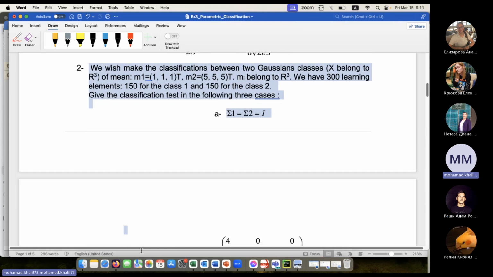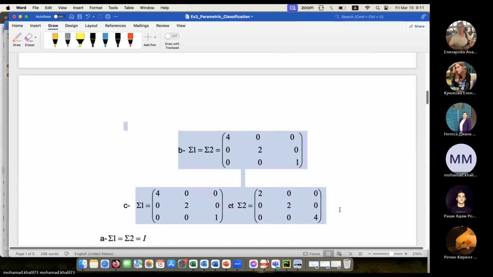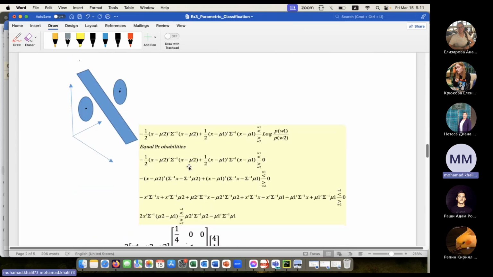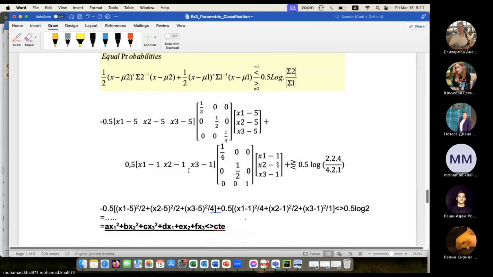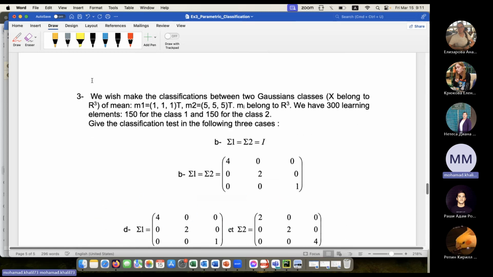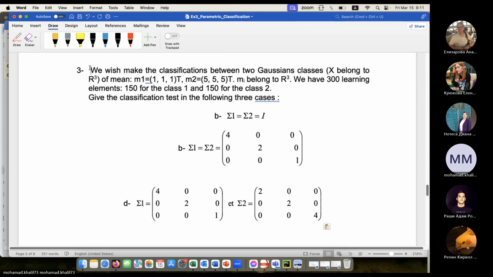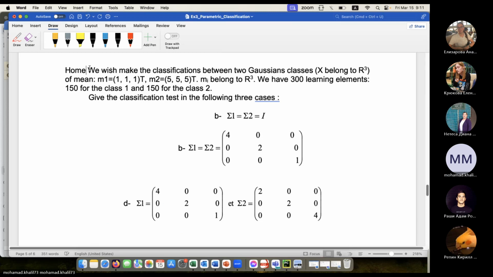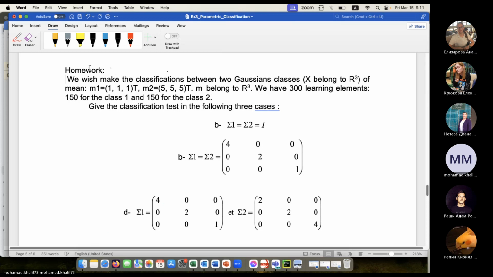I want to make a homework. Control C, I will copy it at the end of this exercise, and I will put it in homework.